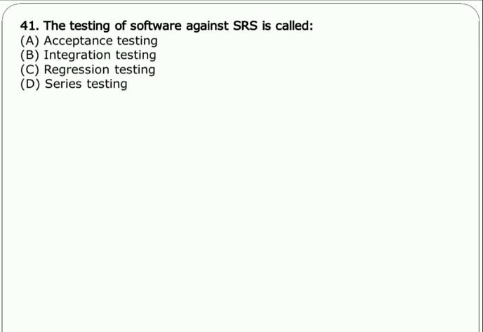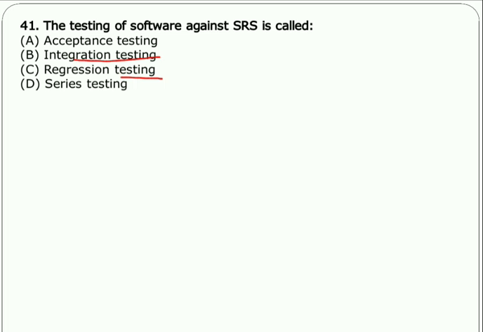User acceptance testing is also called beta testing, application testing, or end user testing. It is a phase of the software development lifecycle in which the software is tested in the real world by the intended audience or customers. So let us know about integration testing, regression testing, and the other options.